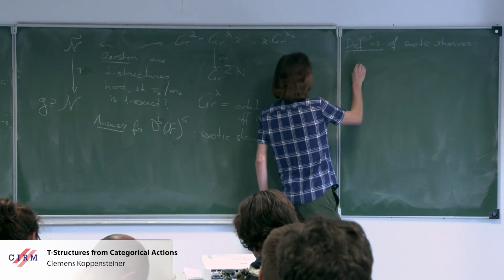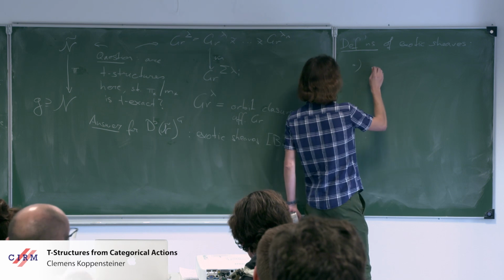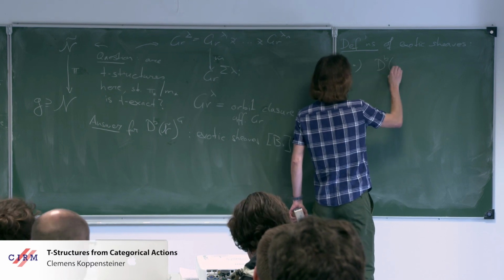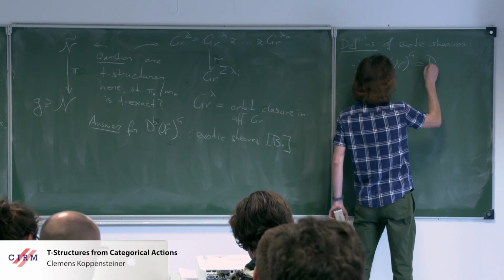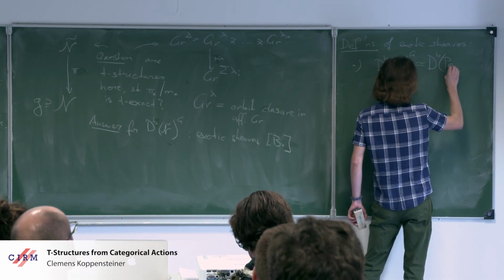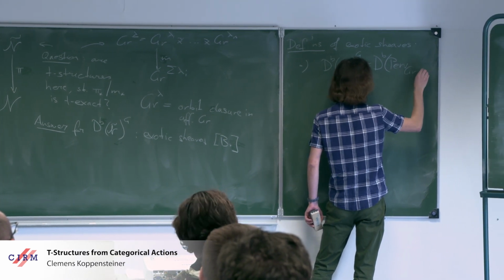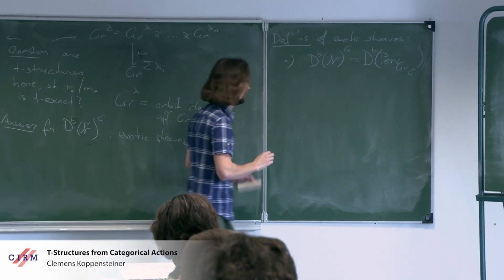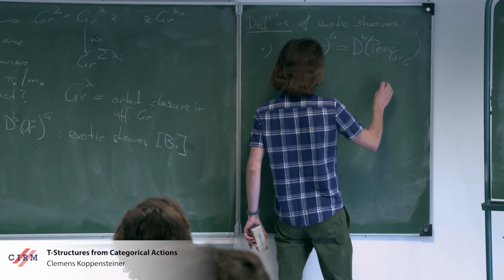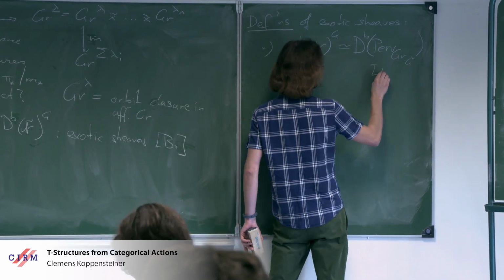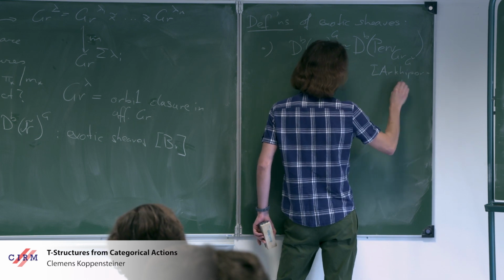The first one that I want to mention, even though it's not historically the first one, is an equivalence of this derived category with some other derived category, antispherical perverse sheaves on the affine Grassmannian of the dual. Whatever that is, it's not important for us now. That was given by Arkhipov and Bezrukavnikov.